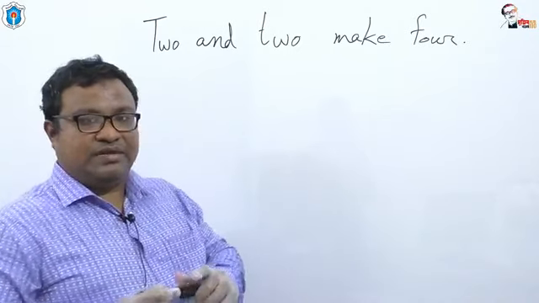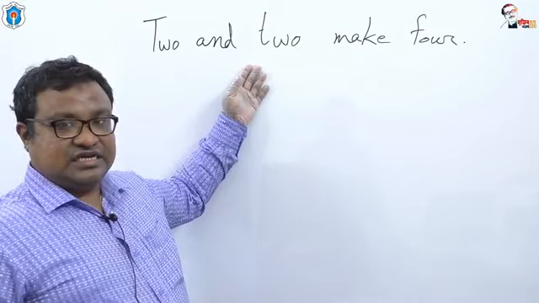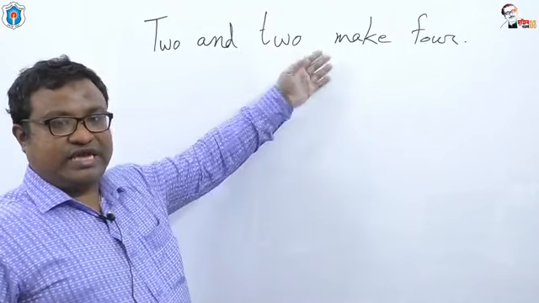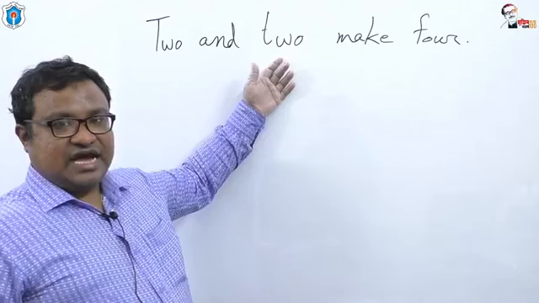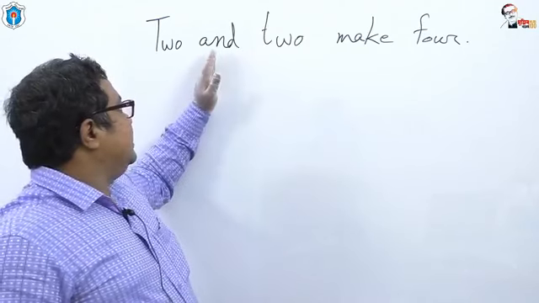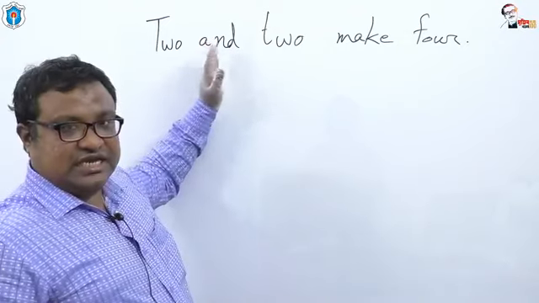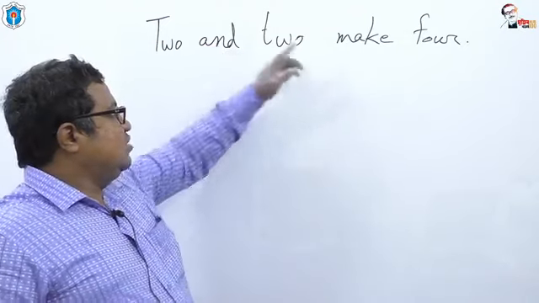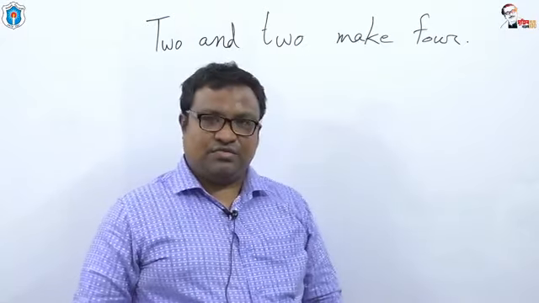What is the problem with this sentence? "2 and 2 make 4." We know that when two subjects are added by a conjunction like and, then we actually use the plural form of the verb.